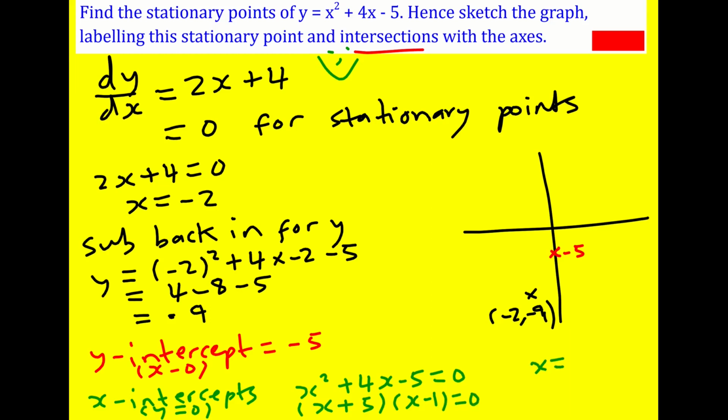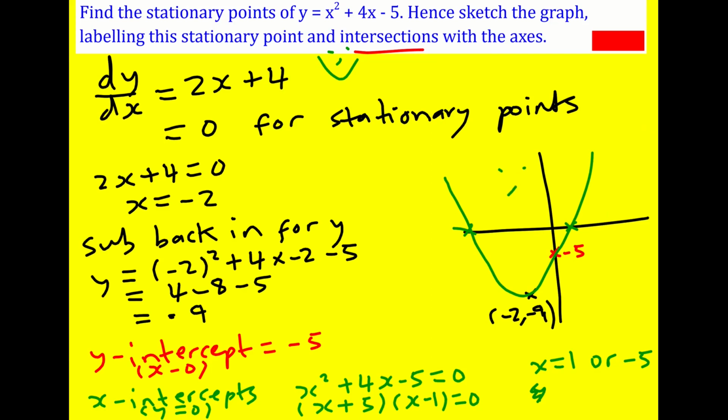And x is going to equal 1 or minus 5. And that's going to give me my y values are going to be 0 because I've set y equal to 0. So I'm going to get a point here and over here. And there we go. I've got my quadratic pretty much. Probably best to draw the quadratic first and then put the points in. But there we go. Nicely done.